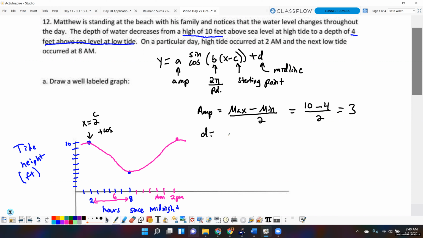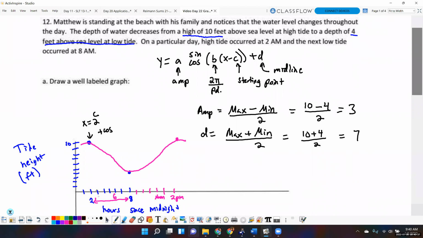To find D, my midline, I'm going to take my maximum Y value and add the minimum, and divide by 2. And that's going to give me a D value of 7, a midline of 7.